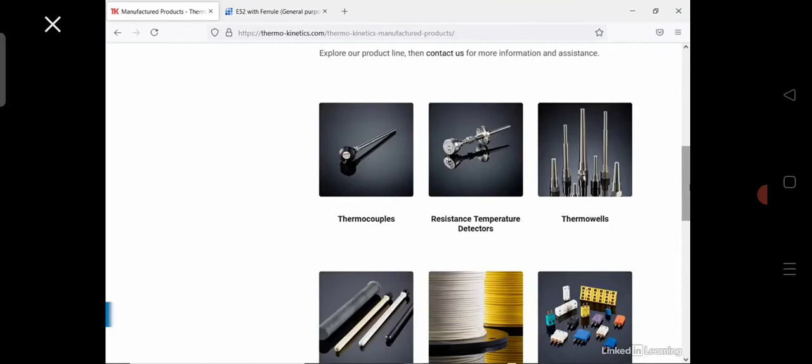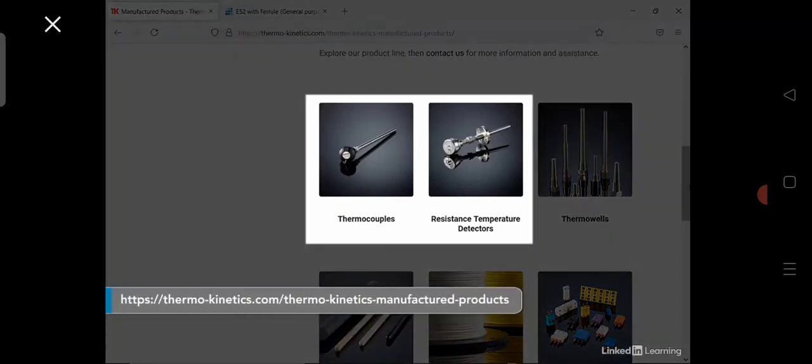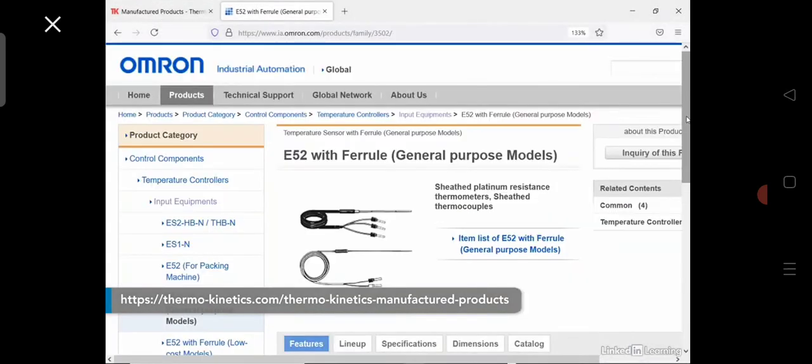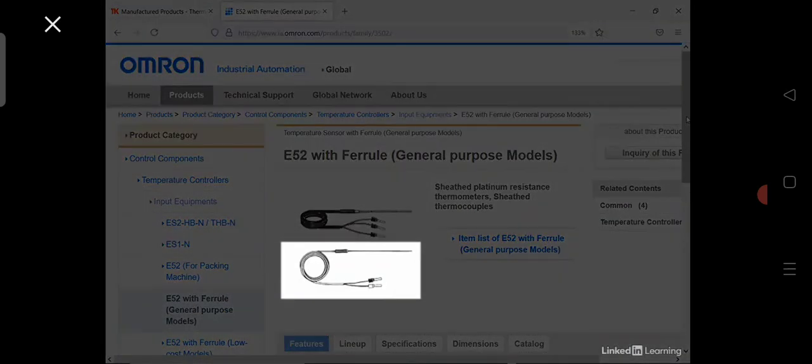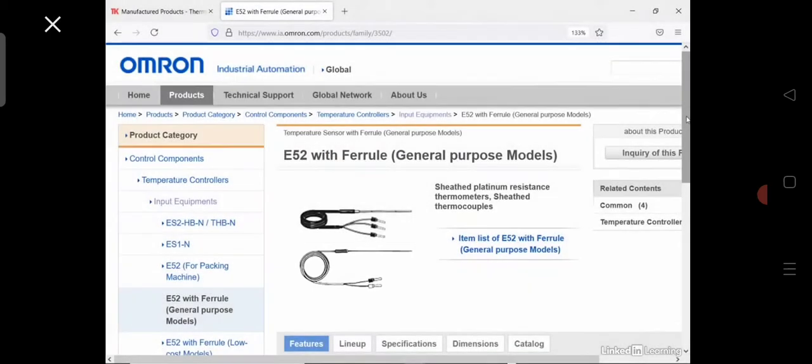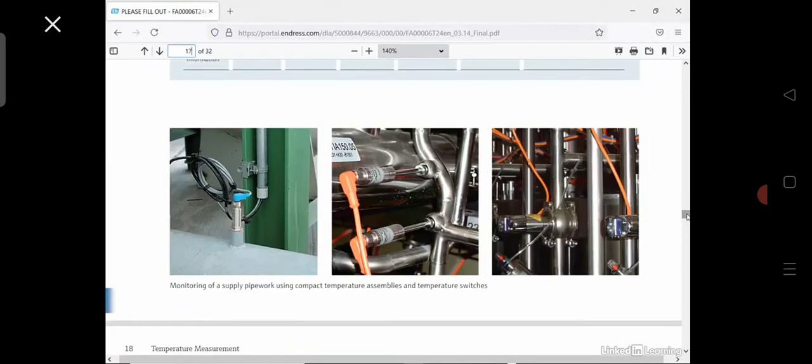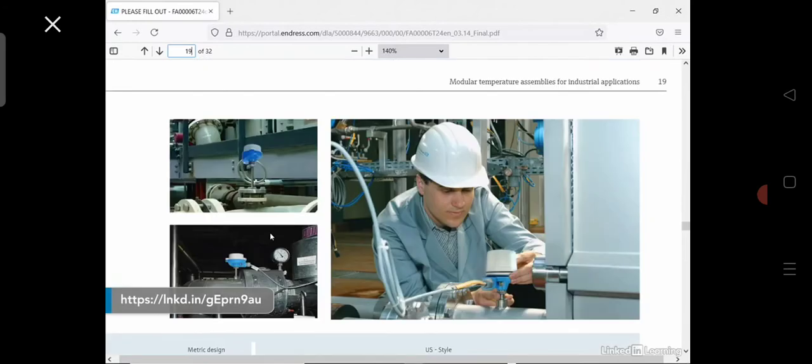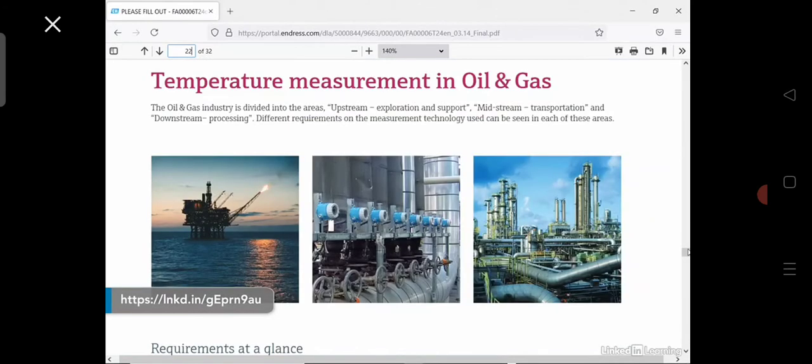In general, both types, as you can see, have similar shapes. Thermocouples are usually a little bit thinner and have two wires, but they are different devices and work using different operation principles. Here are a few examples of using industrial temperature sensors in industrial processes.